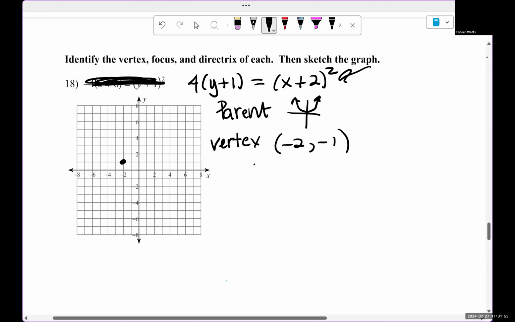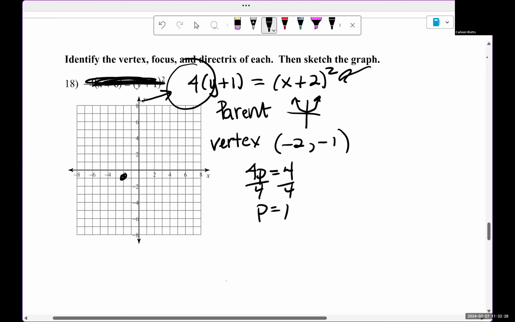So you write the equation 4p is equal to whatever that number is right there, 4. Ah, thank you, Nate. Nice catch. -2, -1. Okay, whatever this number is, you divide it by 4. P is equal to 1.